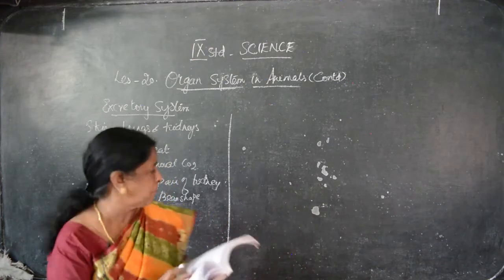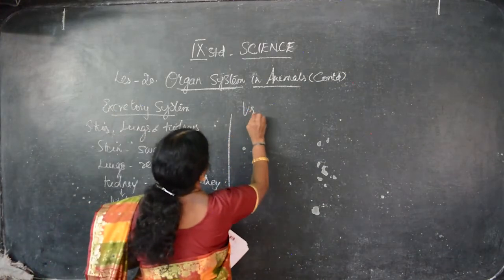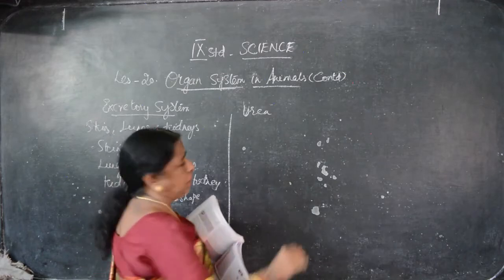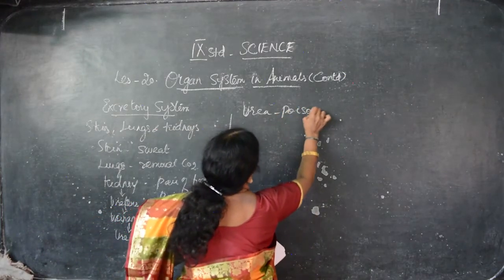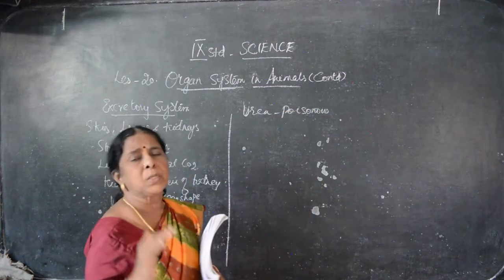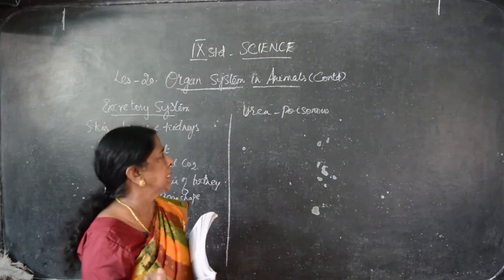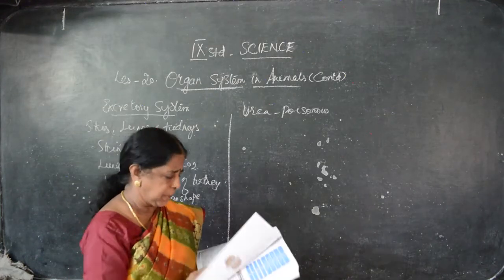The waste product from our body is urea. Urea is a poisonous, toxic substance. It has to be let out from our body. If it is not let out, we will suffer with diseases. Just to avoid that, we have a pair of kidneys.